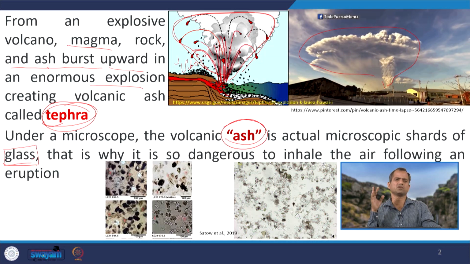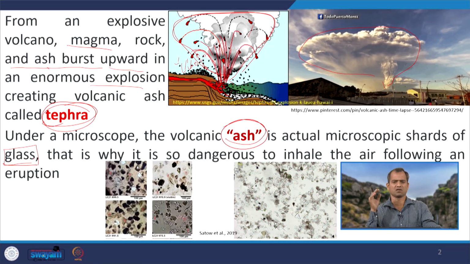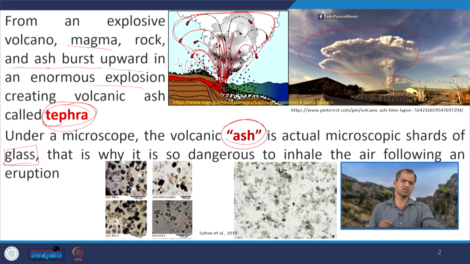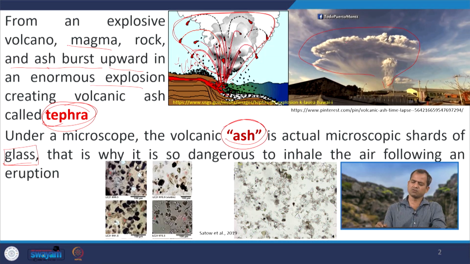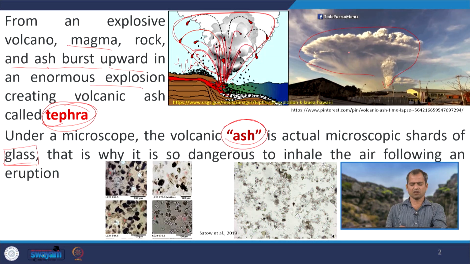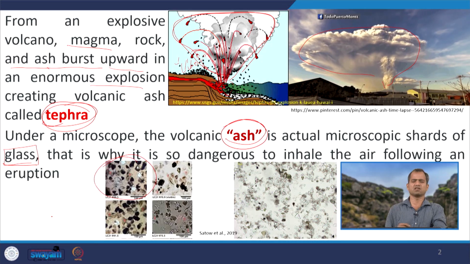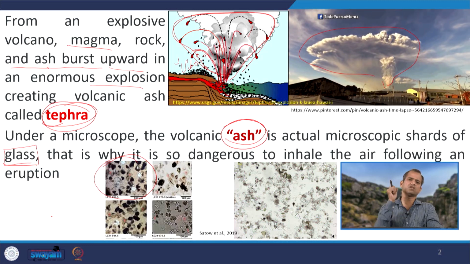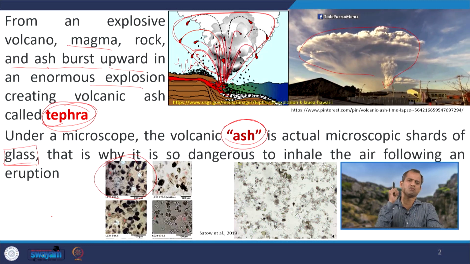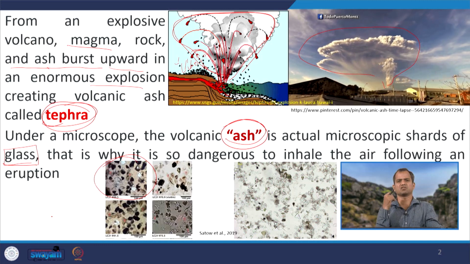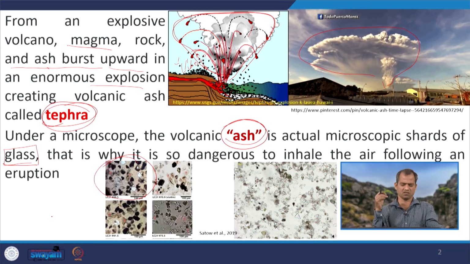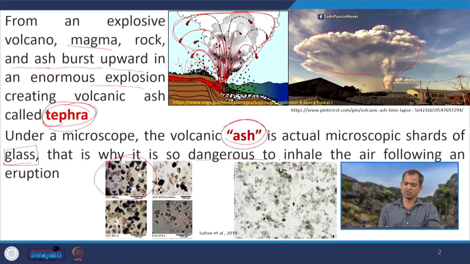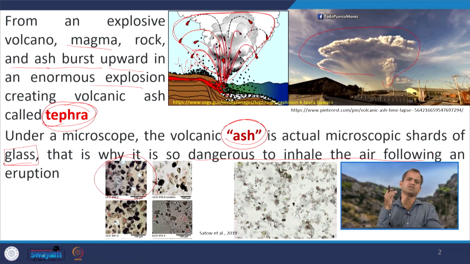Under the microscope, it will look black, dark in color. There is no crystal structure developed, the material is just haphazardly oriented. So they are very sharp in nature.